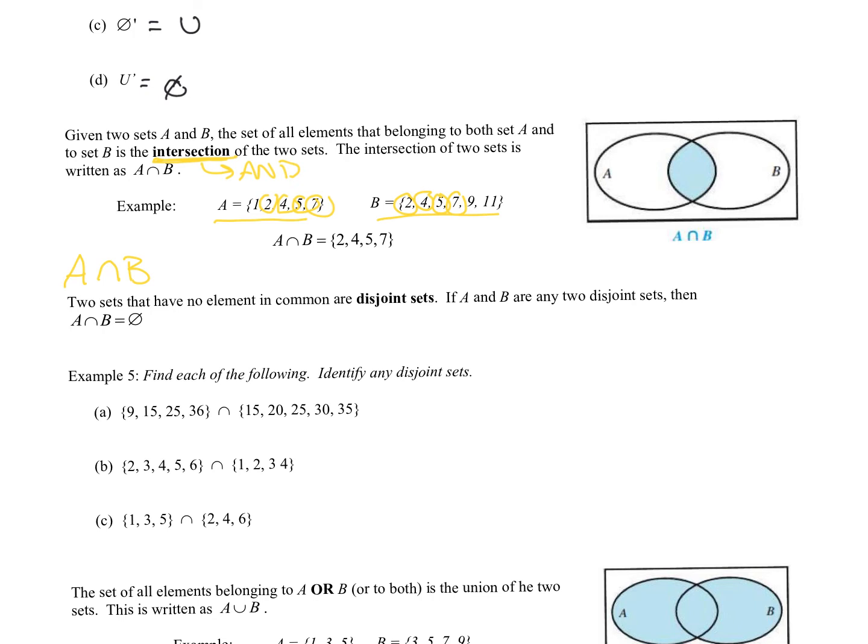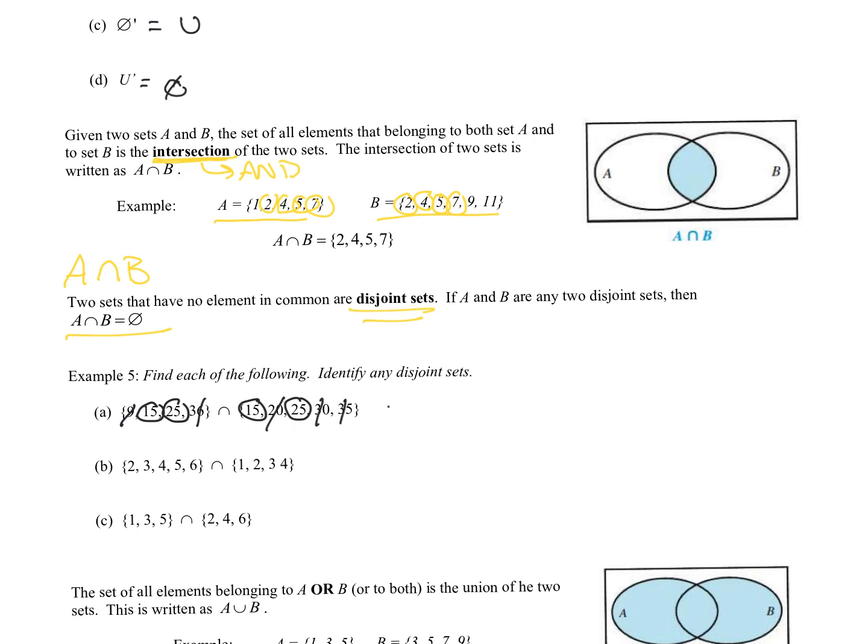If they have no items in common, they are called disjoint sets. So let's try. Let's see where these two overlap. Well, it's not 9. They both have a 15. They both have a 25, not 20, and not 36.